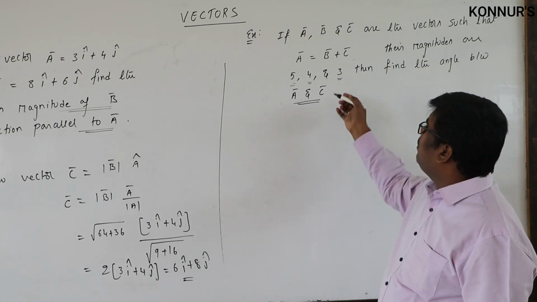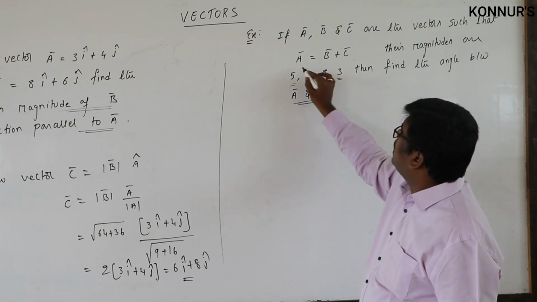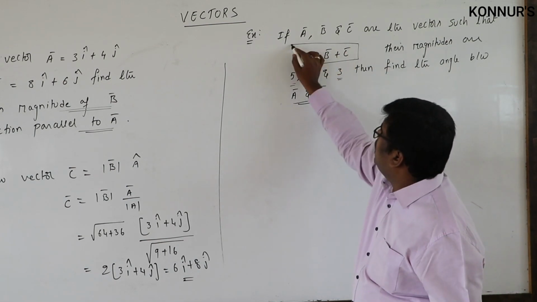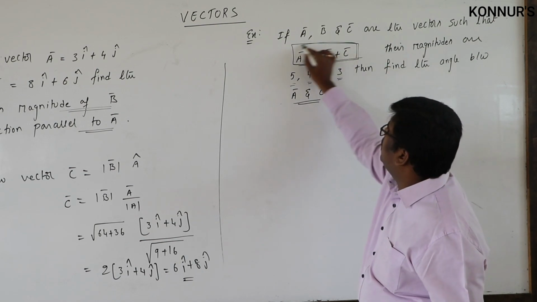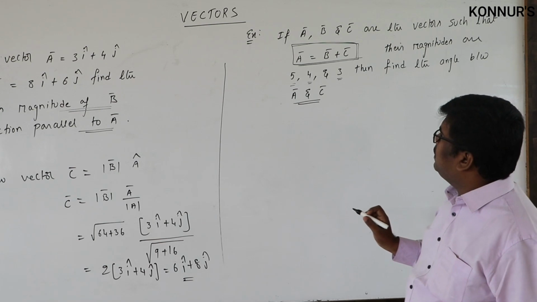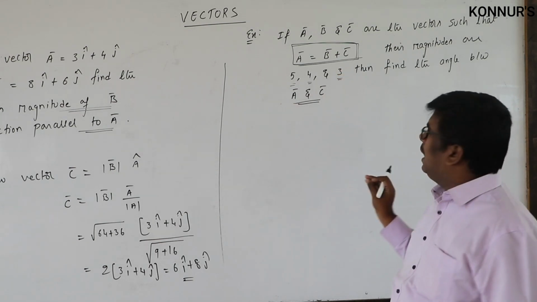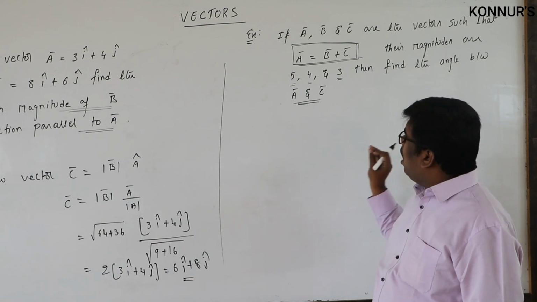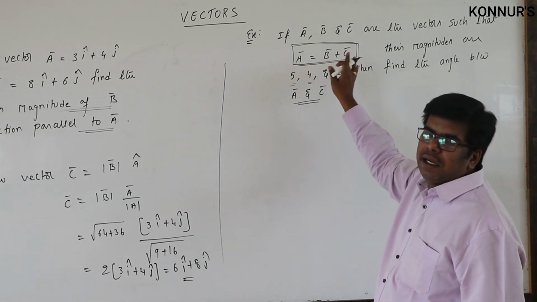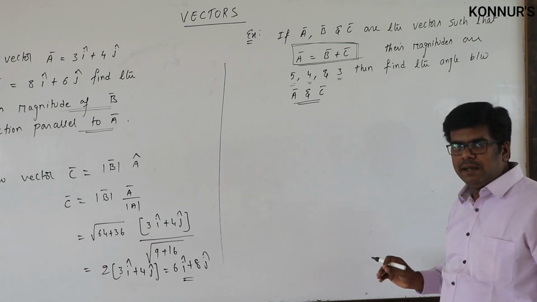So we have to find the angle between vector a bar and c bar, given the magnitudes and the relation a bar equals b bar plus c bar. How to solve it? From this relation you should get the expression for the angle between a and c, and solve it by substituting the magnitudes of a bar, b bar and c bar.